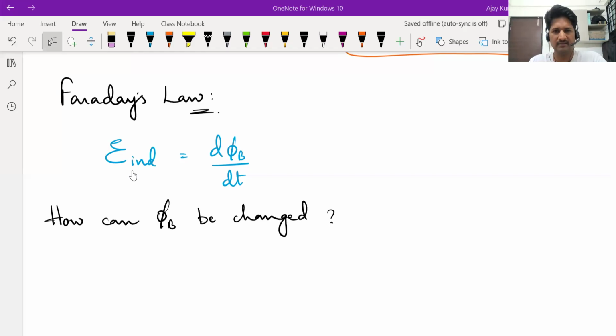No, I didn't understand. Can you put it in another way? My question is how to change magnetic flux through a coil.